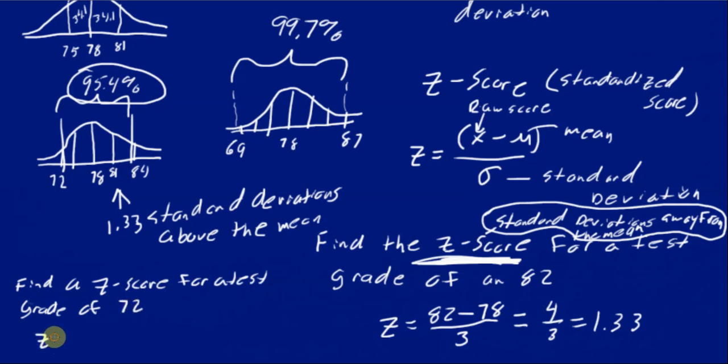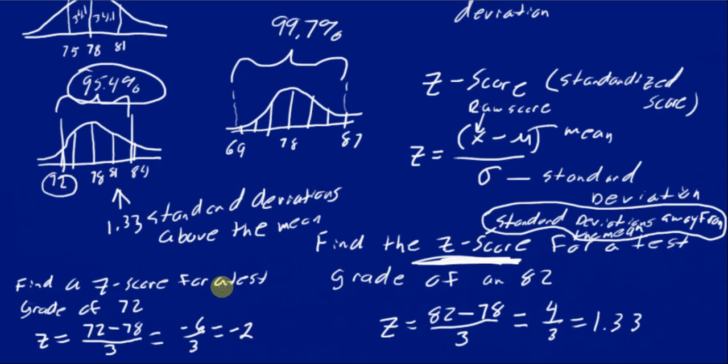So my z is going to equal my raw score minus my mean divided by standard deviation. 72 minus 78, that's going to be a minus 6 divided by 3, which equals negative 2. So that would be 2 standard deviations below the mean, and right here is 2 standard deviations below the mean, and there is my score of 72.